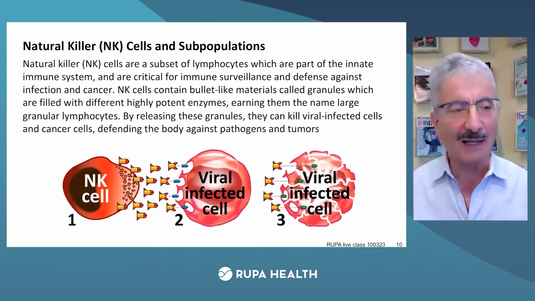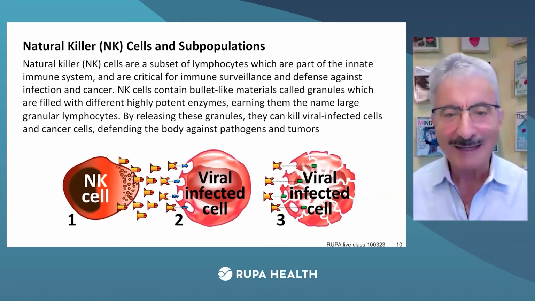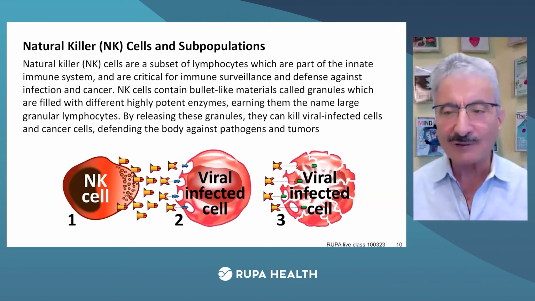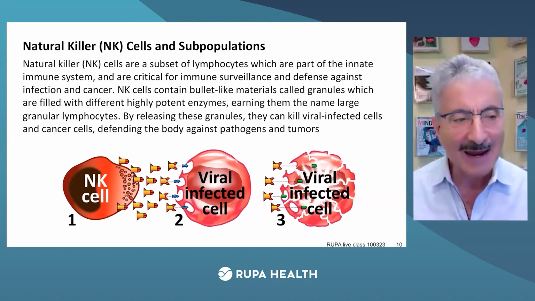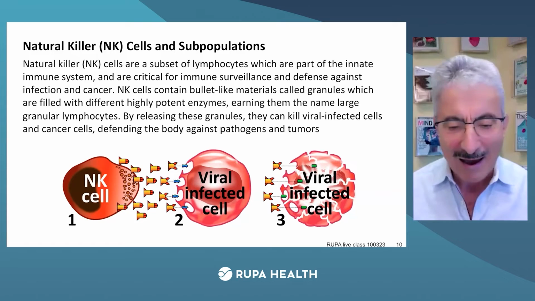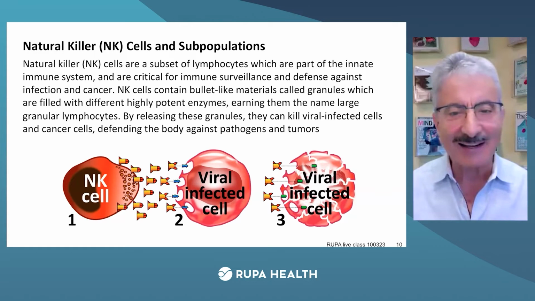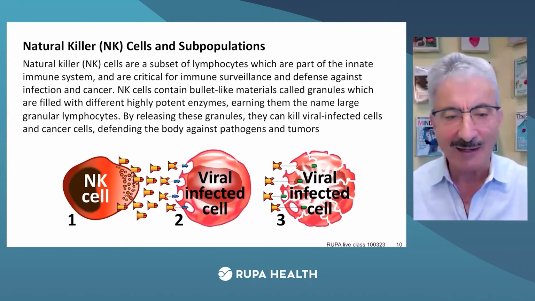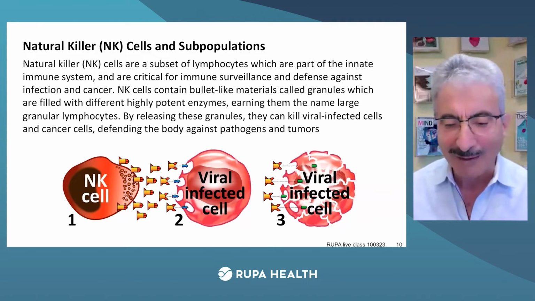The next type of cell is the natural killer cell. As the name shows, that is a subset of lymphocyte, which is part of our innate immune system, meaning unconditional, and can go after viruses and cancer cells. So they are a critical part of immune surveillance and defense against infection and cancer. How do they do that?